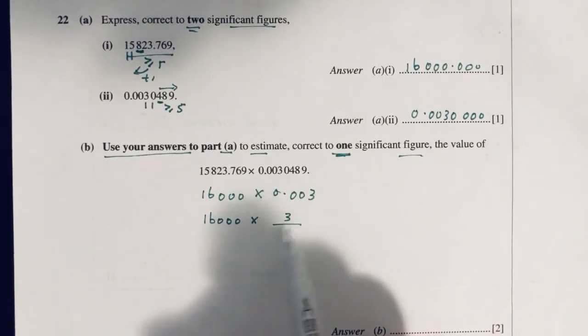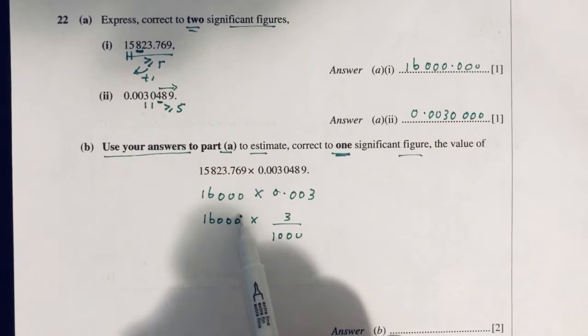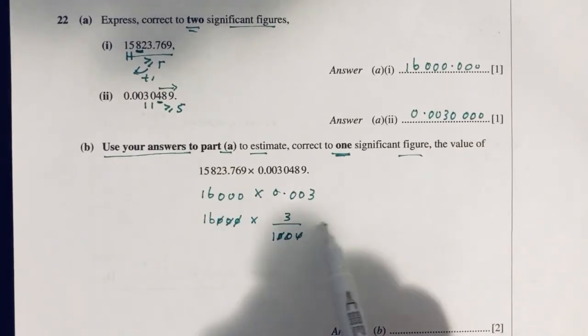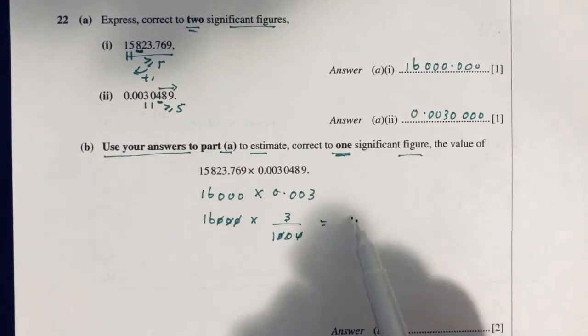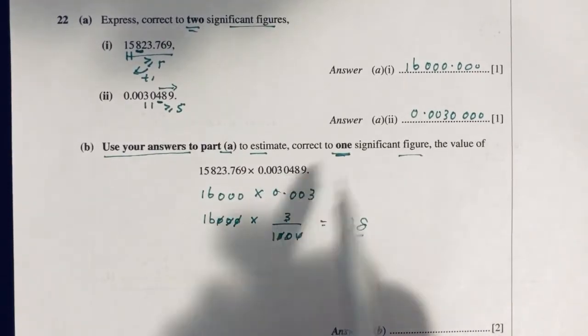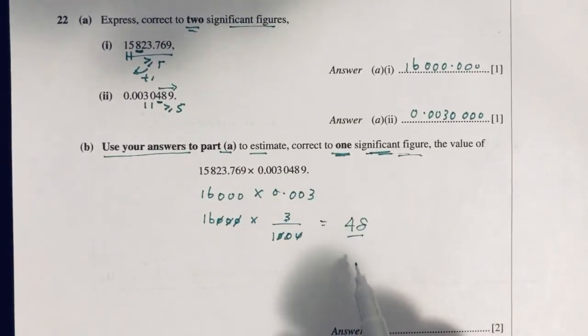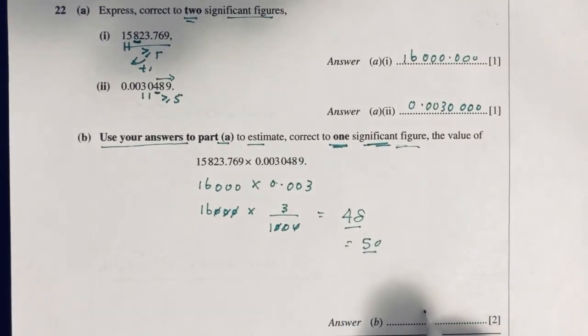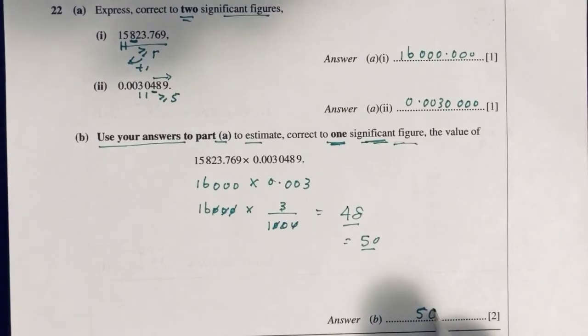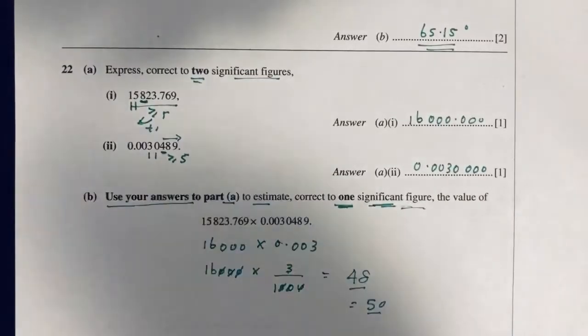This will be 3 over 1000. So 1, 2, 3, 1, 2, 3. So 3 times 16 will be 48. Now your answer needs to be correct to 1 SF, so that will be 50. So answer for part B will be 50 for this estimate. And that was question number 22.